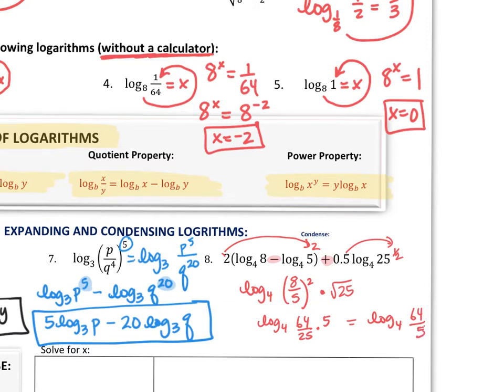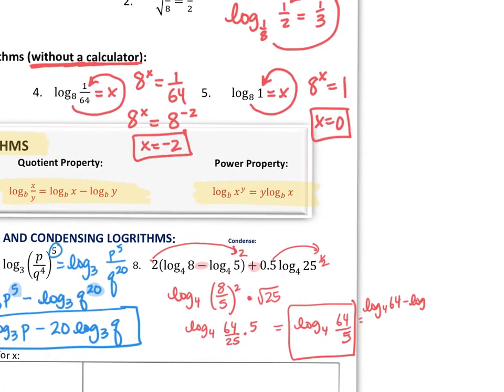Now we could essentially leave it like this, but you could clean it up a little bit more if you like, because I see 64 is 4 to the 3rd power, so we could separate it out and go, okay, this is log base 4 of 64 minus log base 4 of 5. So that's 3 minus log base 4 of 5. So you could keep going like that, but I'll accept it like that first way right there.